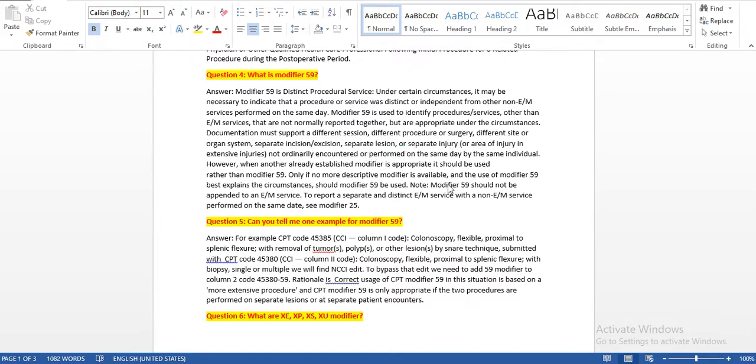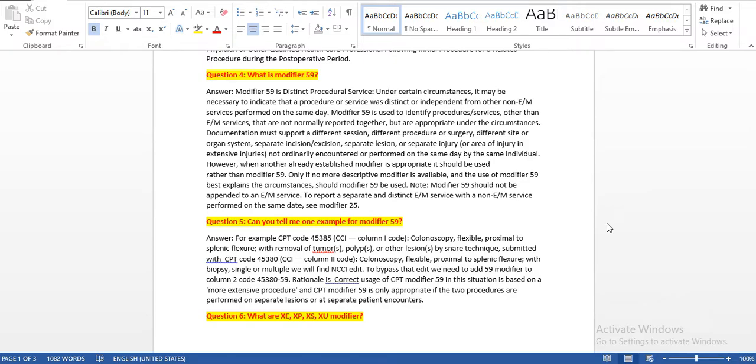Whenever the physician performs any excision, incision or procedure that is different from the first one, we need to add modifier 59 to indicate that it is a separate lesion or separate excision procedure.